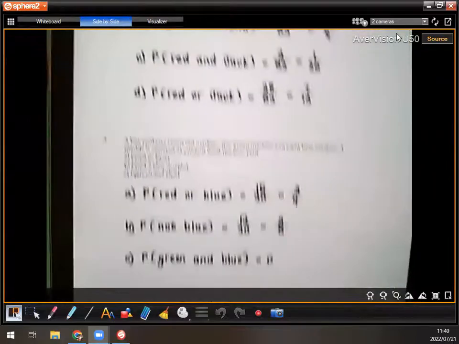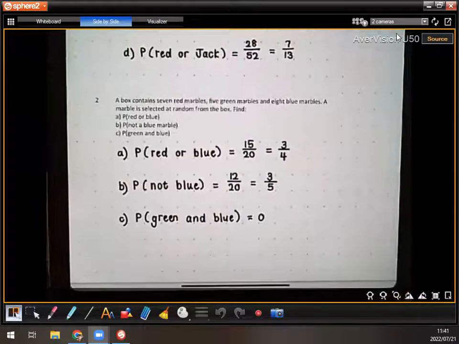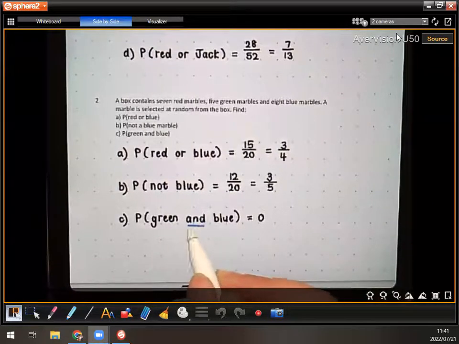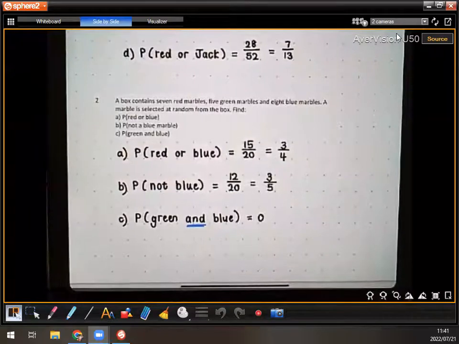And number 2. One of the 10. You see. So, guys, if they're now saying green and blue, do you agree that when you're drawing 1 marble, it can't be green and blue at the same time?